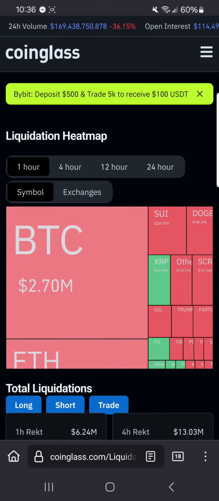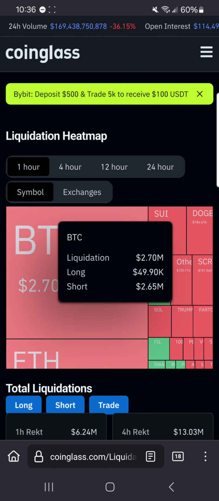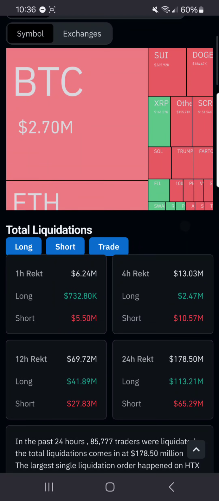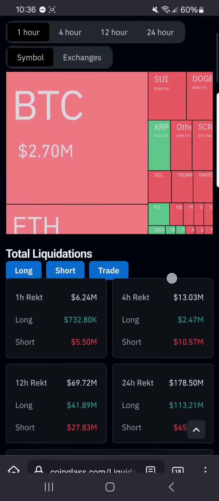Shorts, 2.65 million. So not a whole heck of a lot. We always get more longs than shorts.